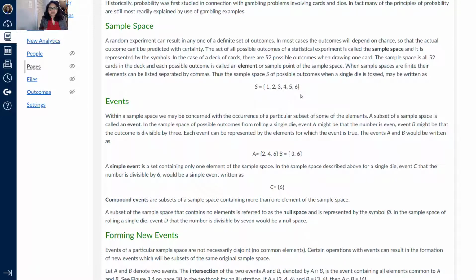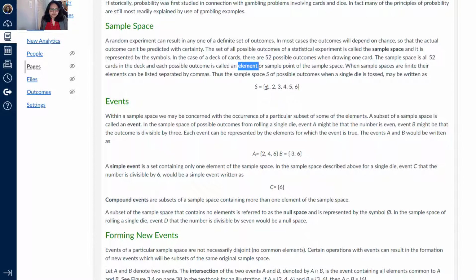That means there are 2 possibilities in there. So in this example, since we are talking about rolling a die, we have 6 outcomes, and each of these possible outcomes is called an element.